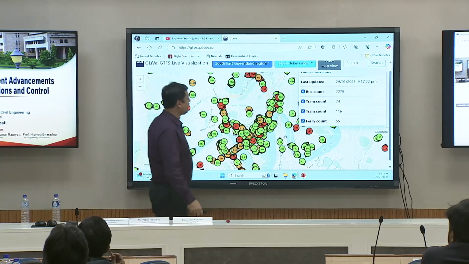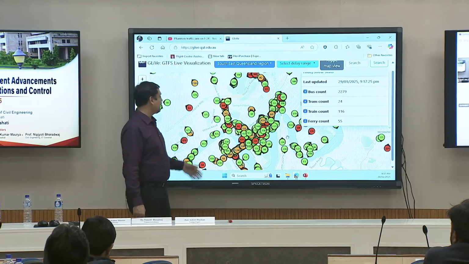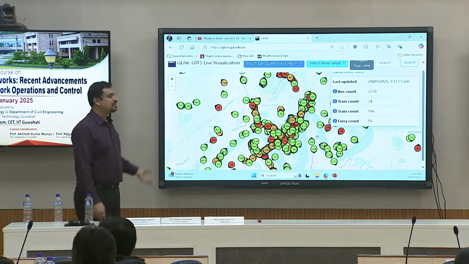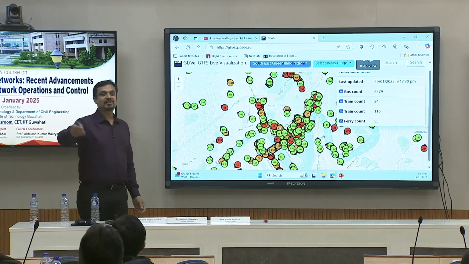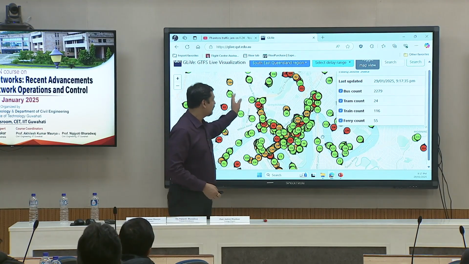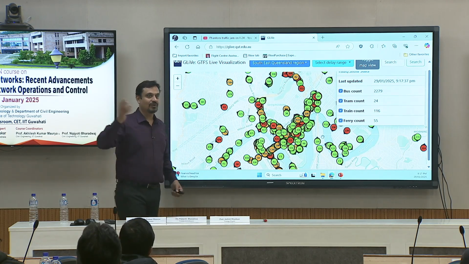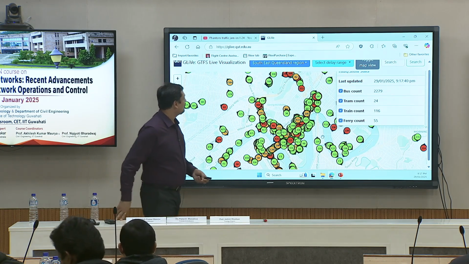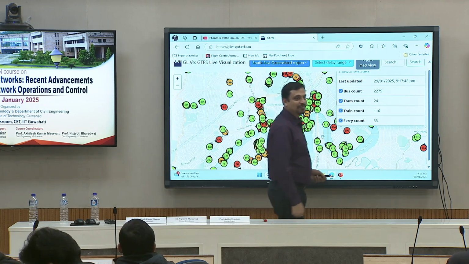That's the real-time visualization of the entire public transport system in Queensland. We were having a chat for something, that's why this visualization was open. I will discuss it tomorrow when I talk a bit about the GTFS data set, but this one is just real-time visualization of public transport.